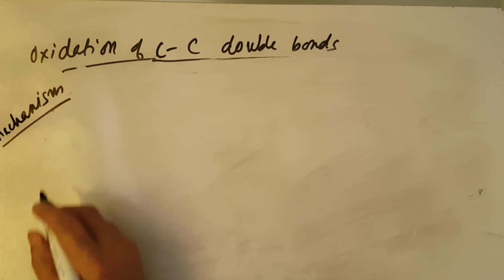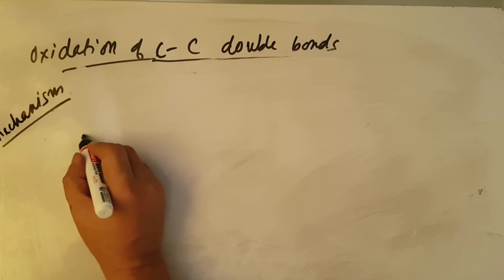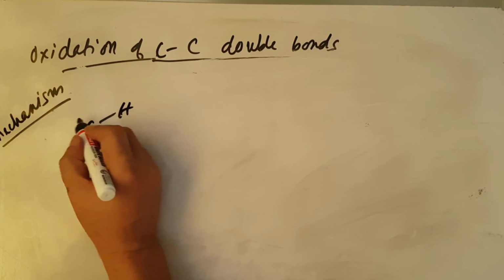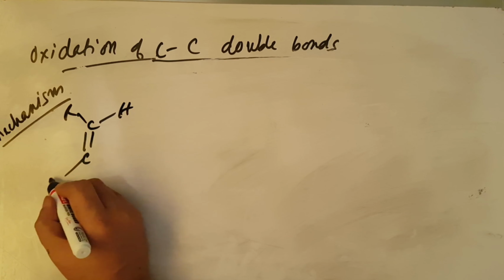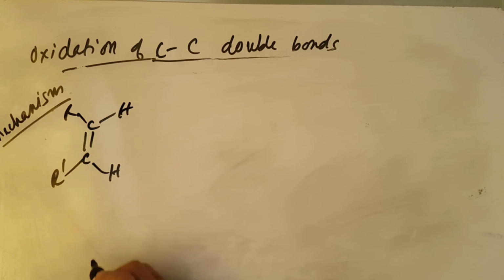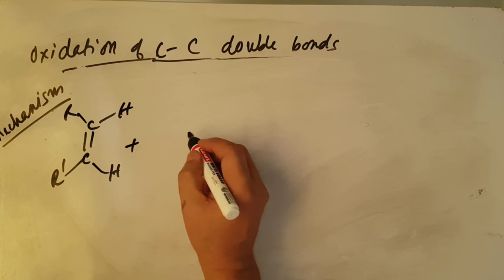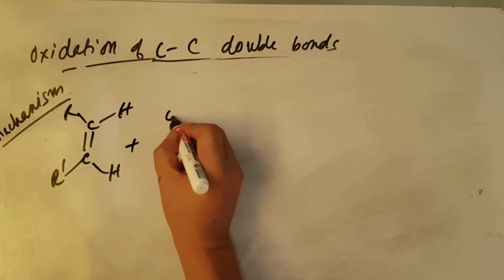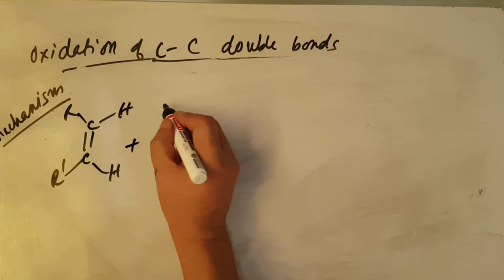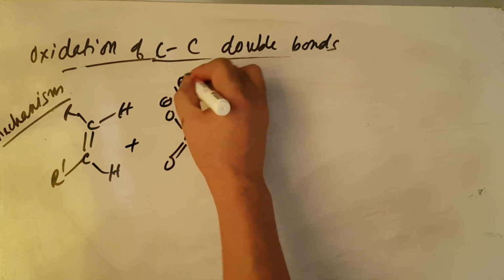Let's say a general reaction here, CHR, CR prime, CS. Now MnO4, potassium permanganate, this is K here.